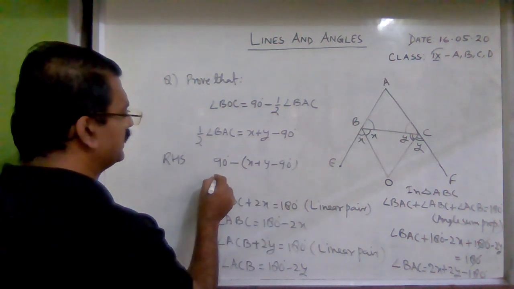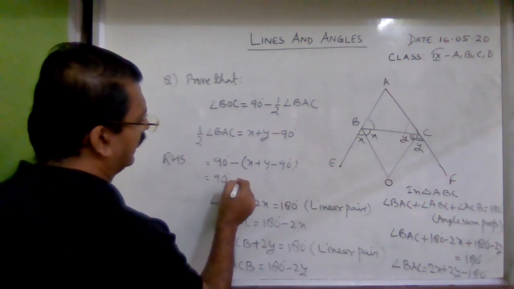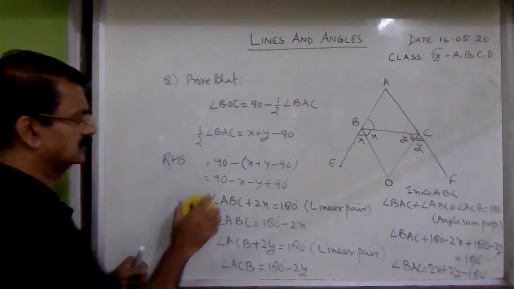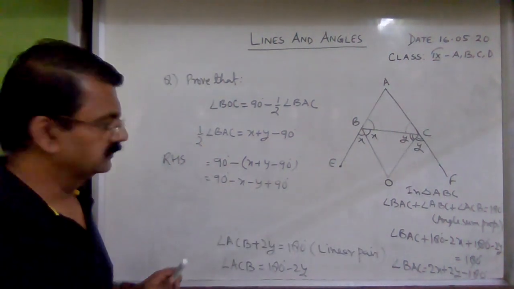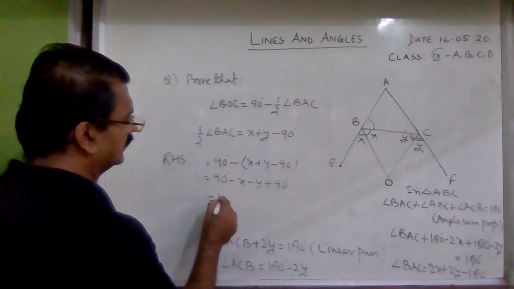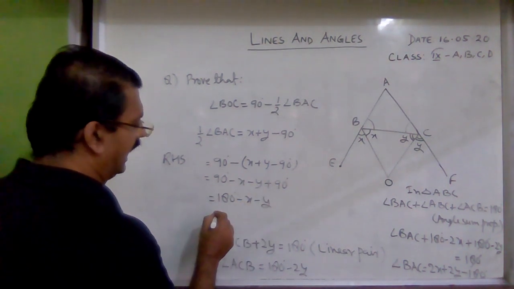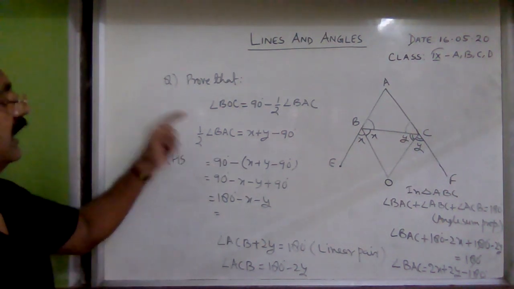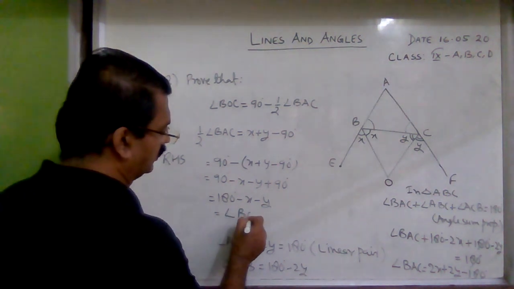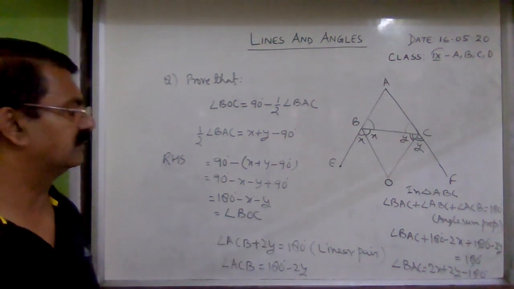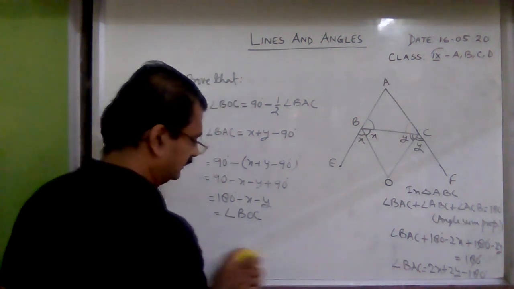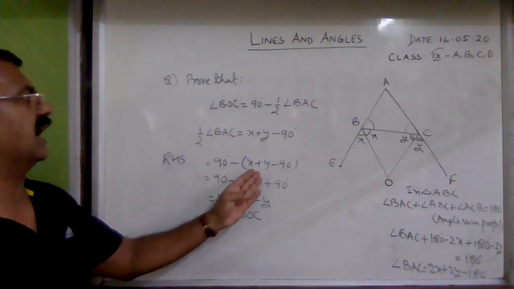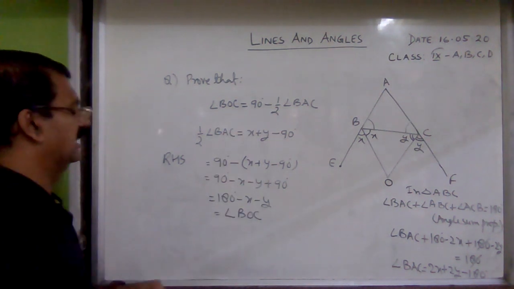When you open the bracket, 90 minus x minus y plus 90. 90 plus 90 is 180, so 180 minus x minus y, and in equation 1 we have written that 180 minus x minus y is nothing but angle BOC. So we have proved the left hand side of the equation from the right hand side.